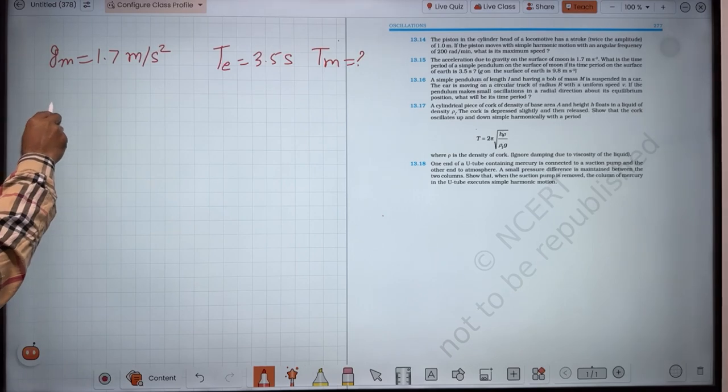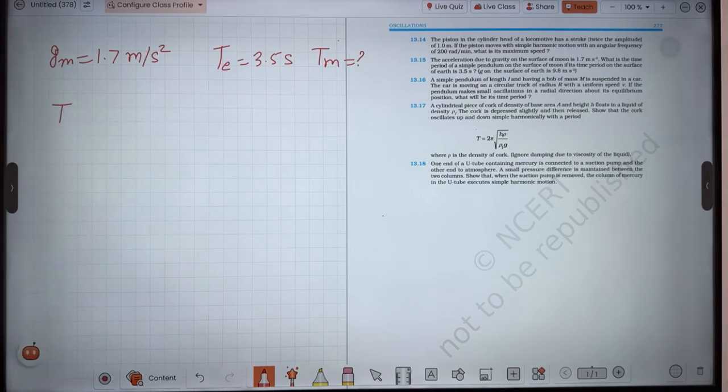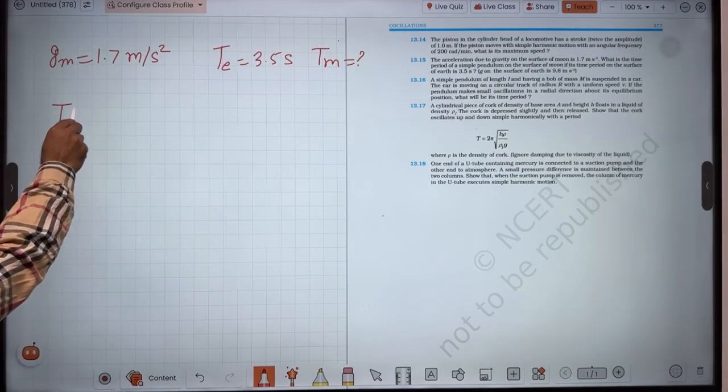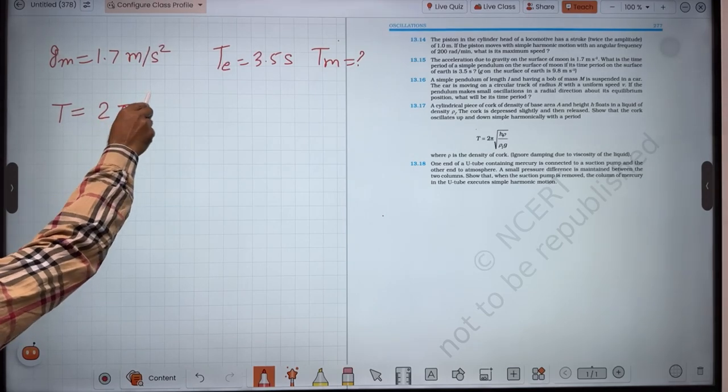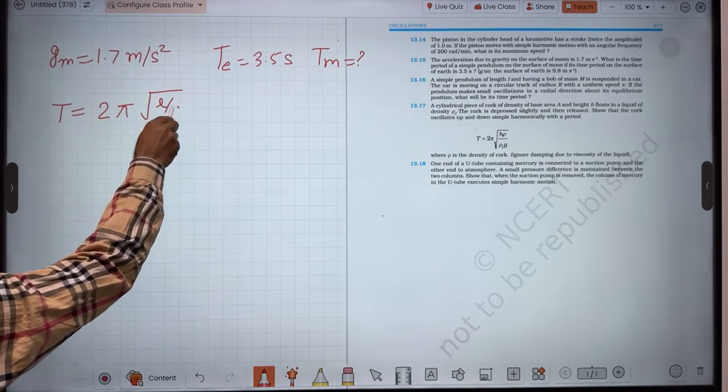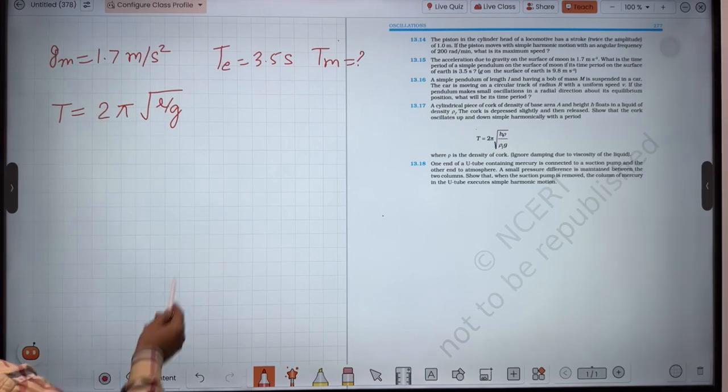So let's write the expression for time period. If you remember, time period for a simple pendulum is given by T equal to 2 pi root of L upon g.